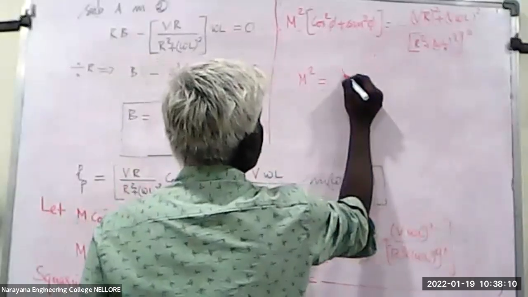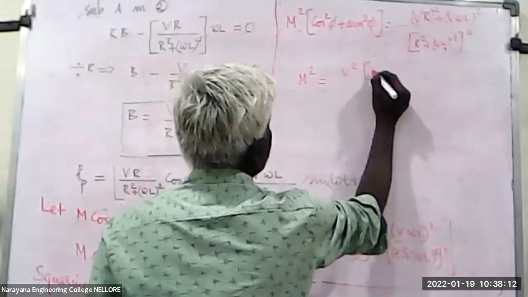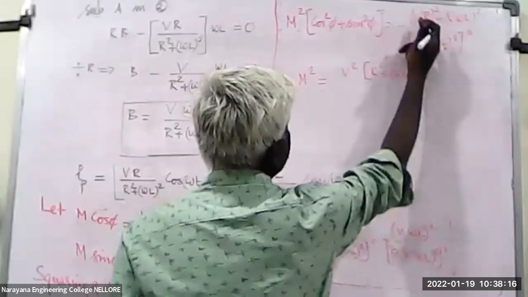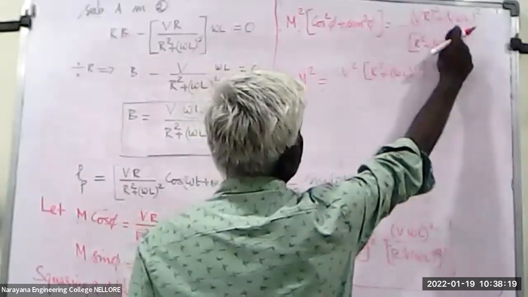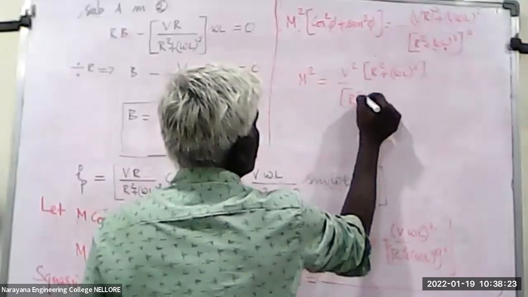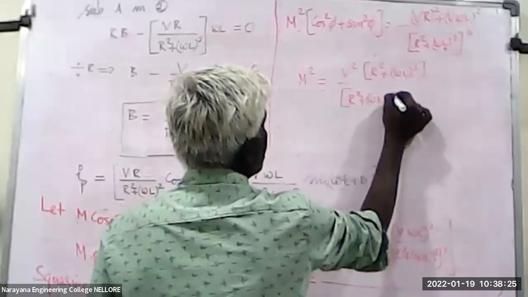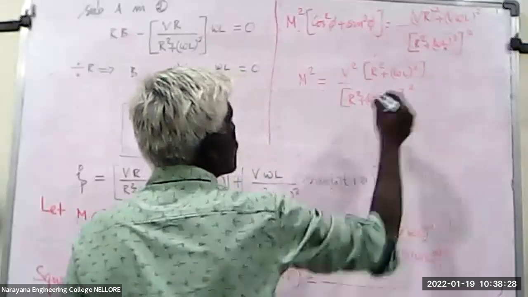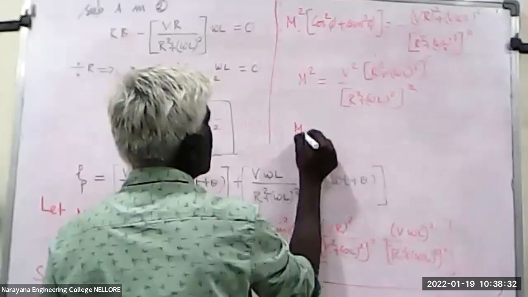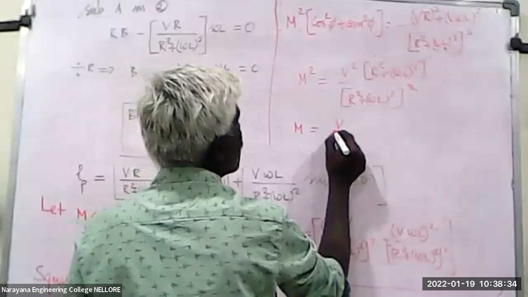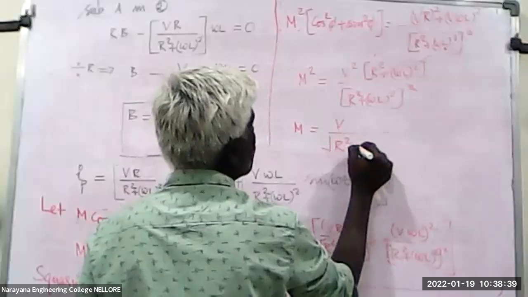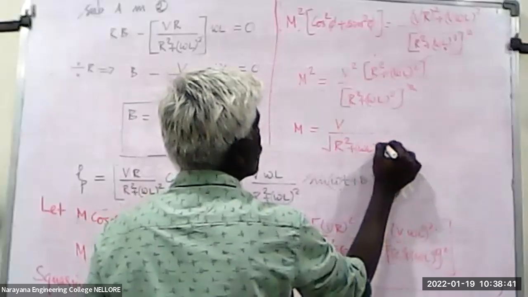Here we take V square common, so inside we get R square plus omega L the whole square, divided by R square plus omega L the whole square and its square. So one term will get cancelled with the denominator. So we get m square, or m is equal to V divided by square root of R square plus omega L the whole square.